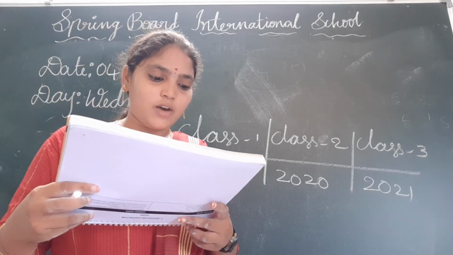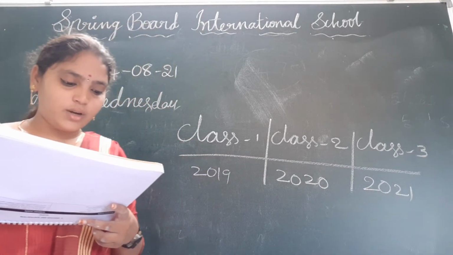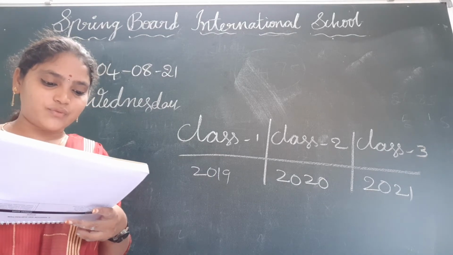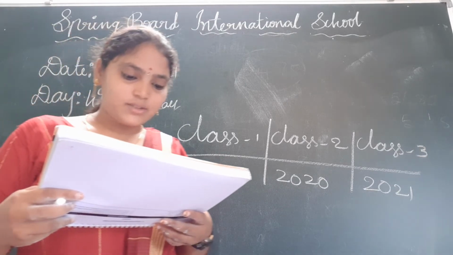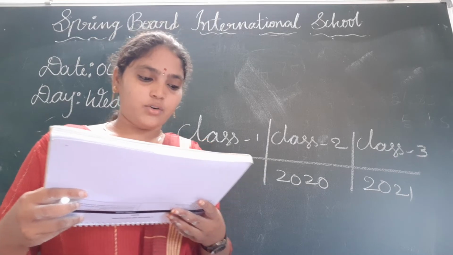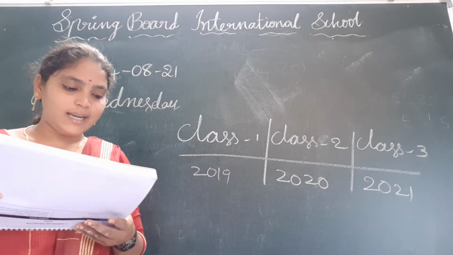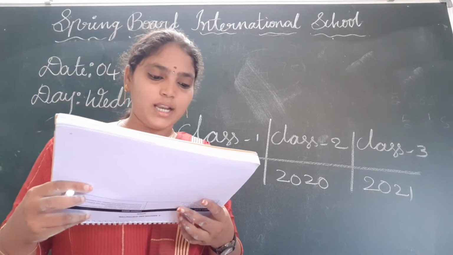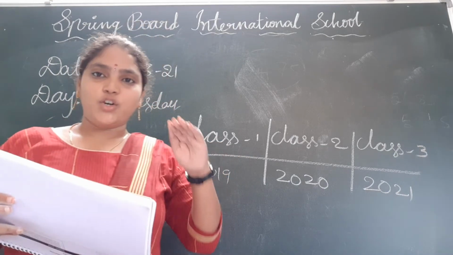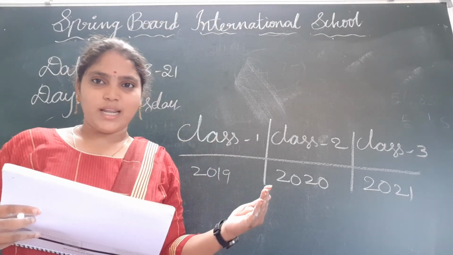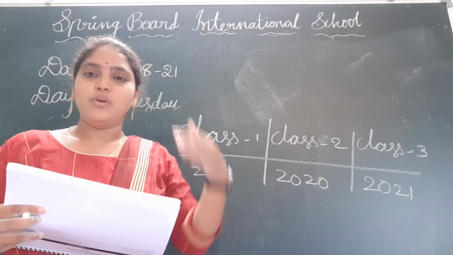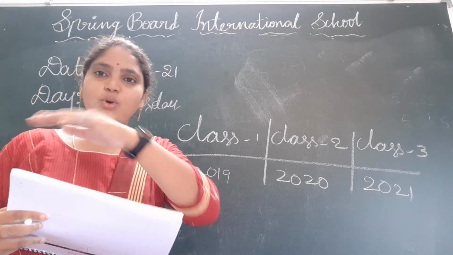Collect the photos of yourself from each year of school, paste them on a sheet of chart paper with the dates, put them up in your think room. So what you have to do, children? Collect photos of yourself from each year of school. So if first you join in PP1, am I correct, children? And then PP2, class 1, class 2, class 3.